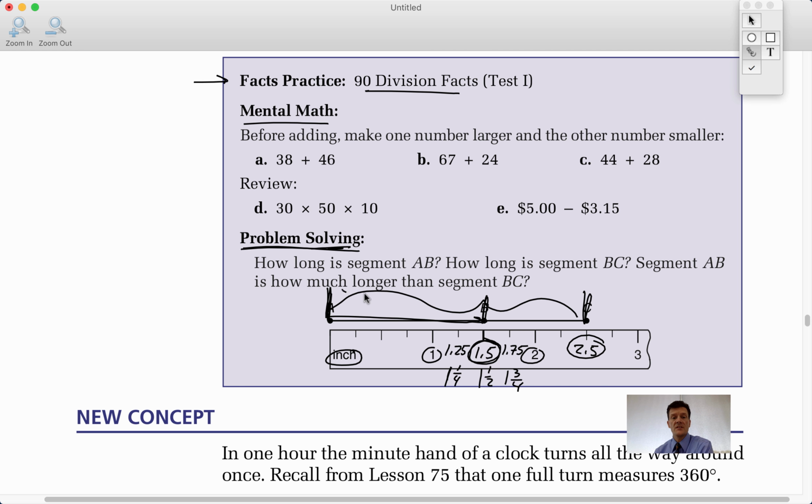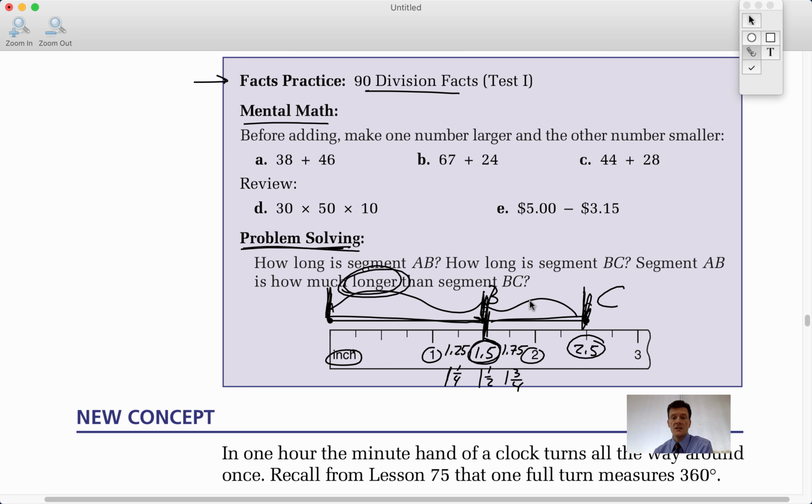So segment A to B has a length of 1.5, segment A to C has a length of 2.5, and the difference between those, how much longer is that AC, so that means BC from here to here, from B to C, is going to be the difference between 2.5 and 1.5. You're going from 1.5 up to 2.5.